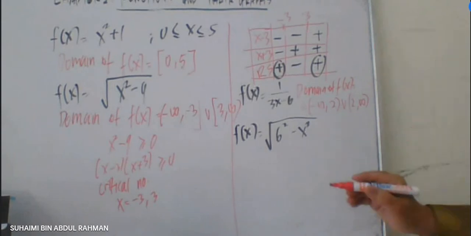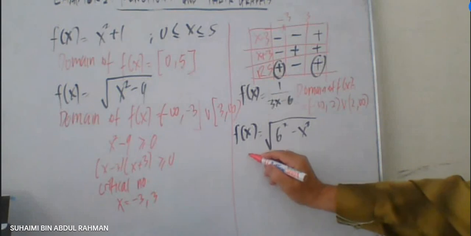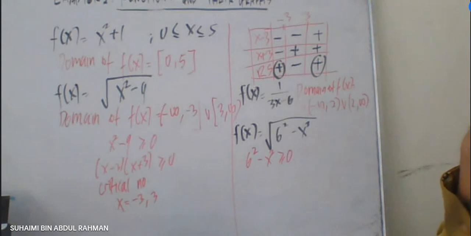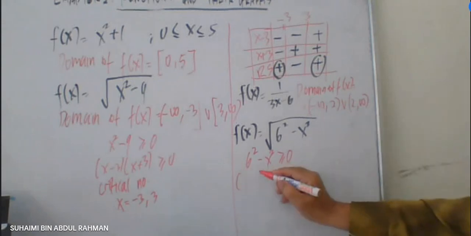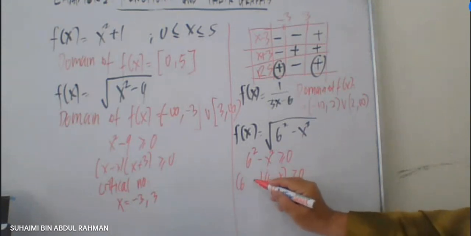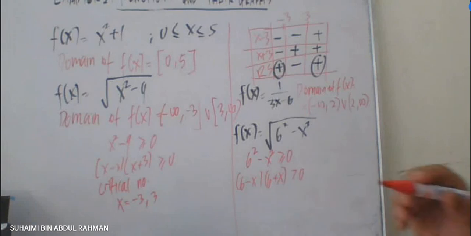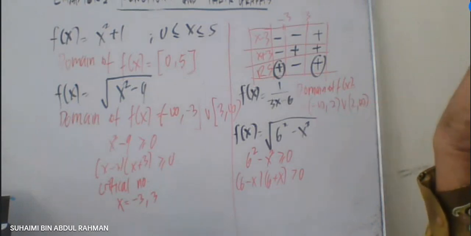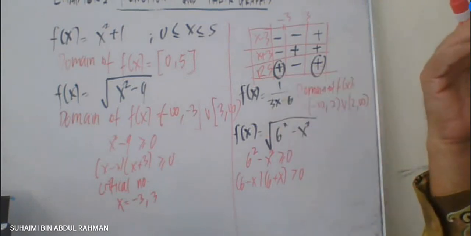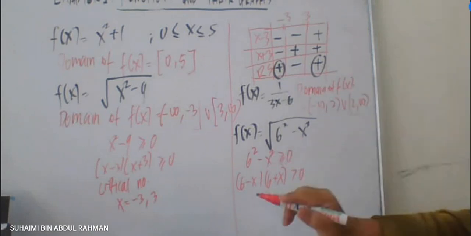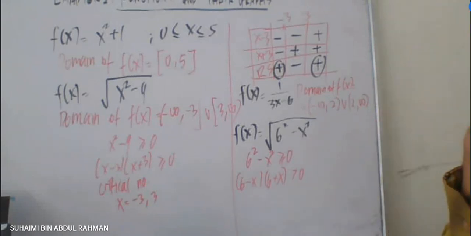So back, we have to go to sign tables. 6 squared minus x squared greater than or equal to 0. Factorize. So up till here, what do you have to find?